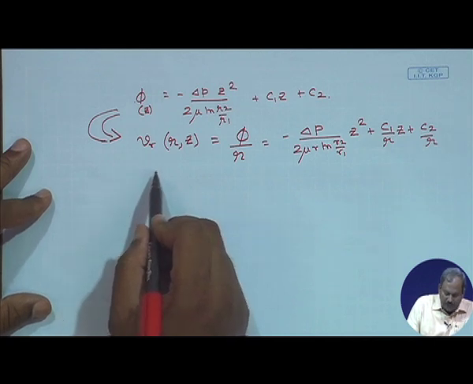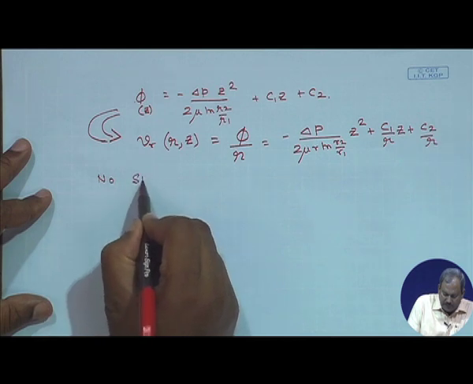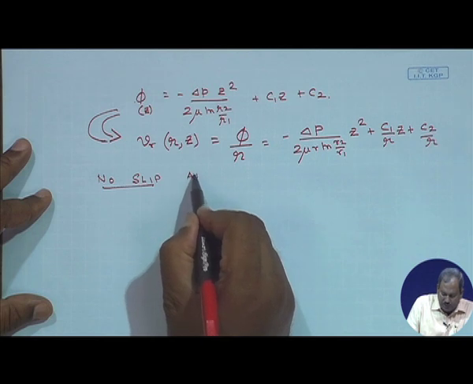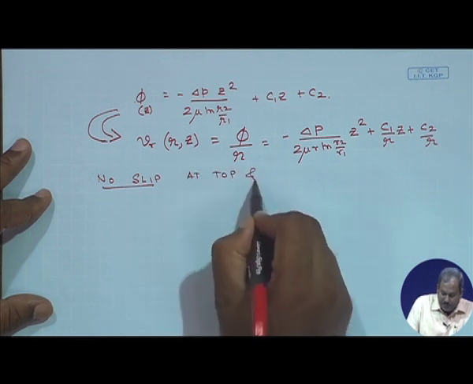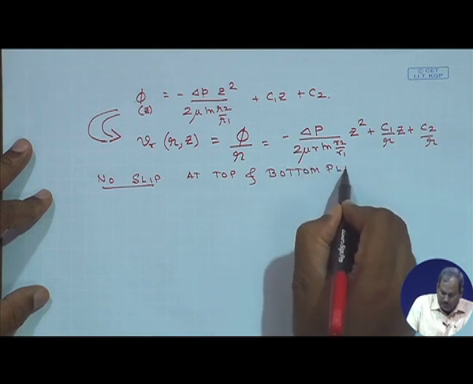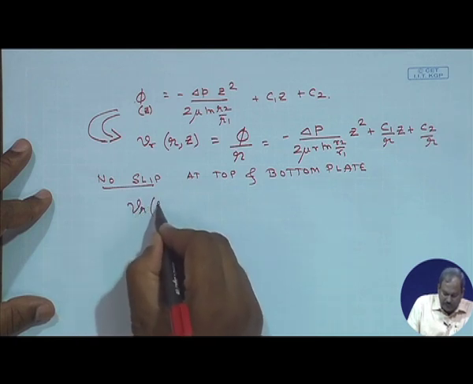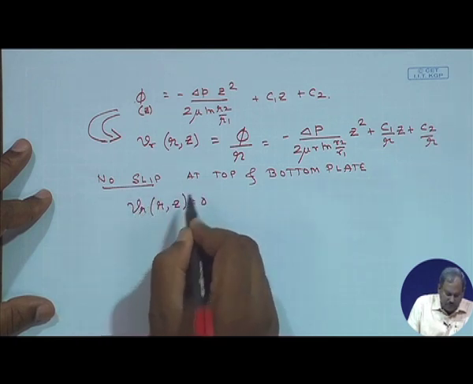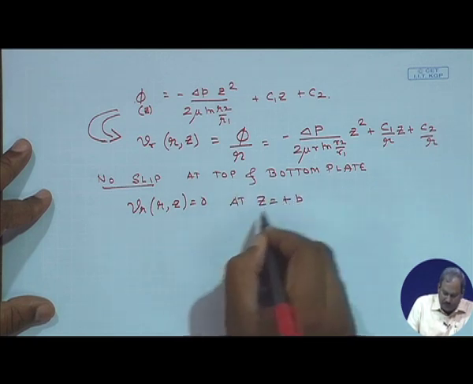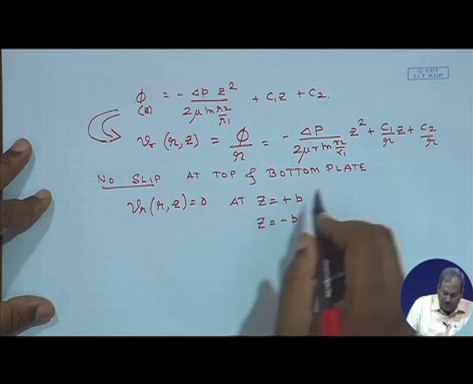What are the boundary conditions? The boundary conditions are essentially no slip at the top and bottom plate. In other words, mathematically, Vr, which is a function of r and z, would be 0 at z equals plus b and at z equals minus b, at the top plate and at the bottom plate.